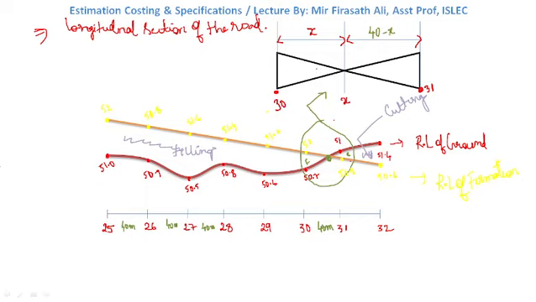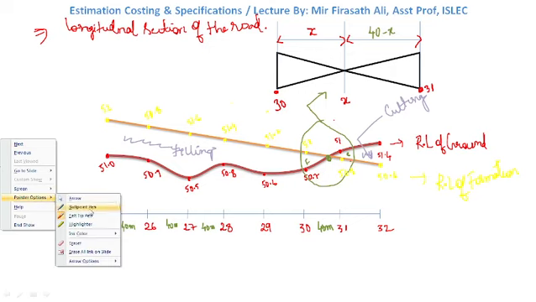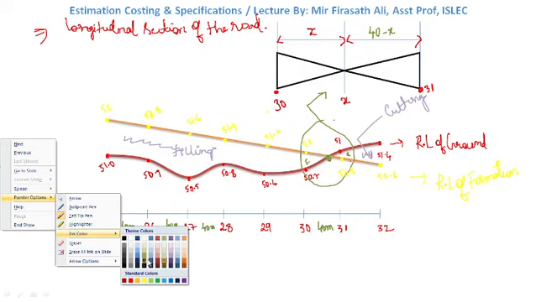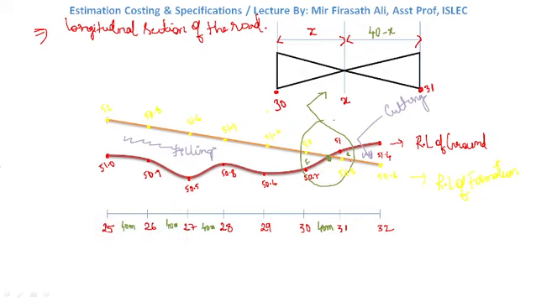And now let us determine these depths. Which depth am I talking about? These horizontal depths. Let us determine this depth. What is the value of this depth? 52 minus 51, it is nothing but 1.